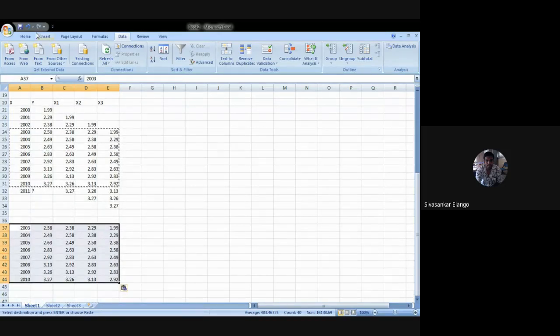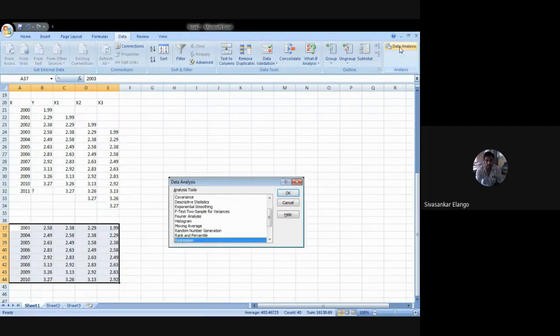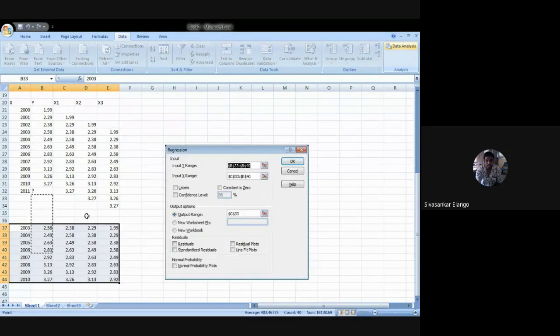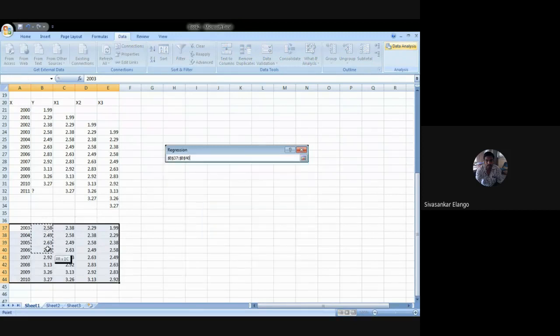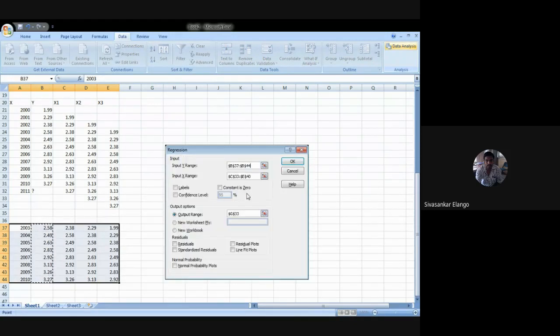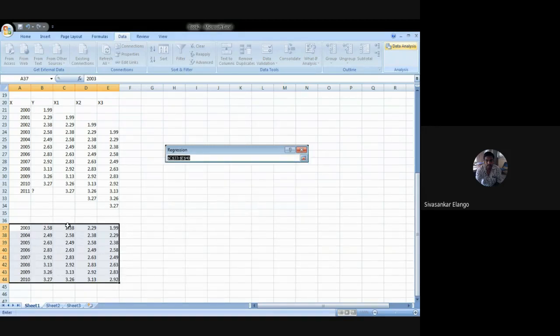So in Excel, you have a data handling component, data analysis. You can choose regression. So here the Y value is going to be the B column, and the X values, X1, X2, X3, is going to be from C37 to E44.